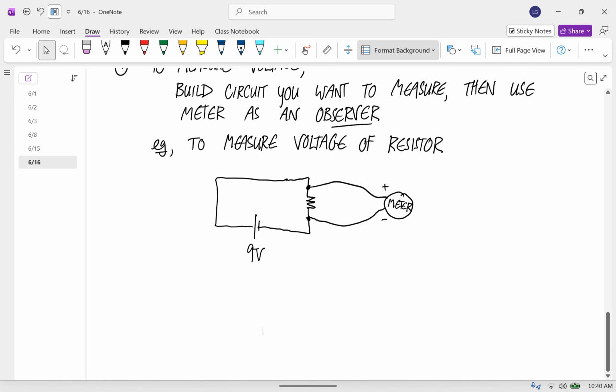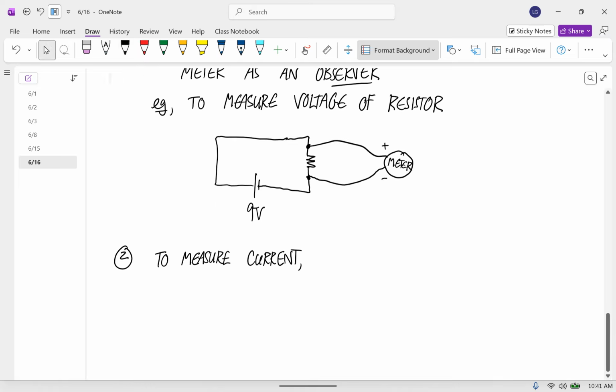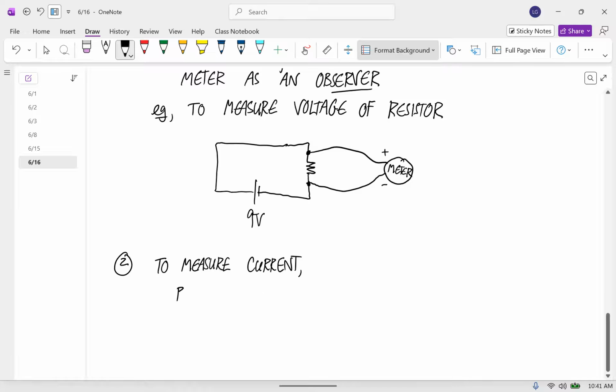Current is different. So this is the second important thing. To measure current, build the circuit you want to measure.